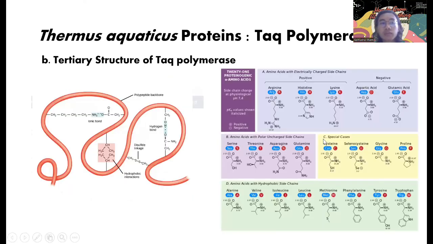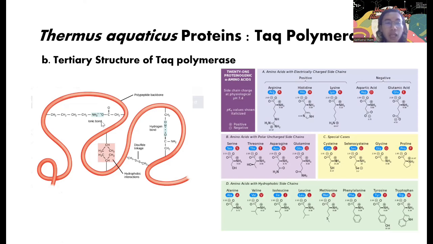So the tertiary structure is made by the R groups in amino acids, such as amino acids with electrically charged side chains, positive and negative, polar amino acids, and hydrophobic side chains.